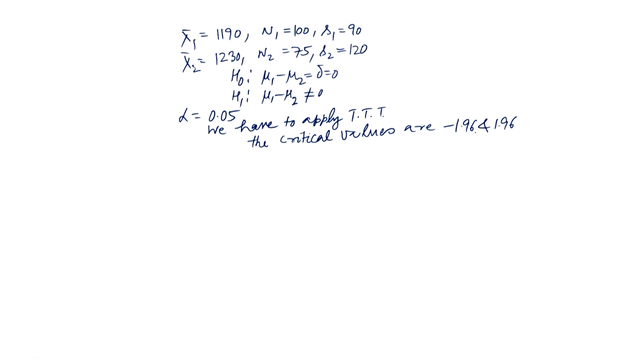If Z lies between minus 1.96 and plus 1.96, then we accept H naught, otherwise we reject H naught. So, let us find the value of Z.